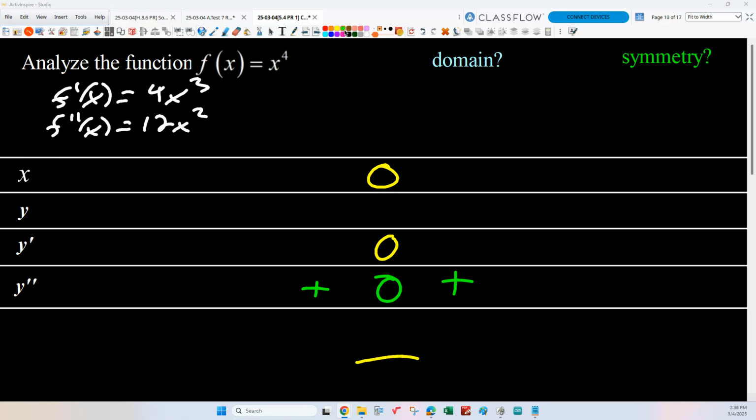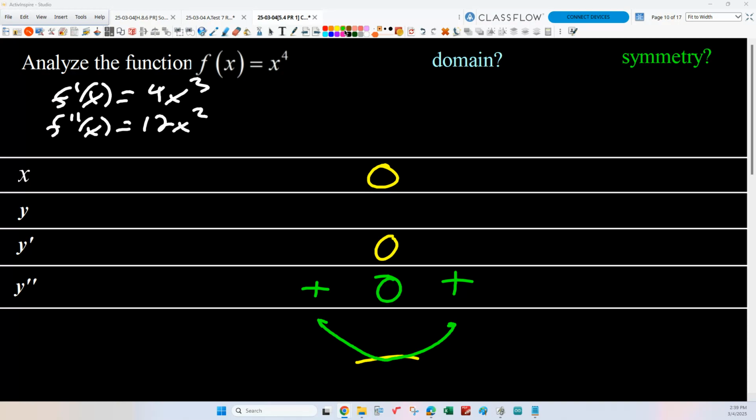What's the only way I could possibly draw a smooth curve that has a horizontal tangent at 0 and upward concavity to the left and the right? It's got to have a minimum, doesn't it? Doesn't it have to do this? And we know it's even symmetry, so it all falls together, right? You see my point, though?